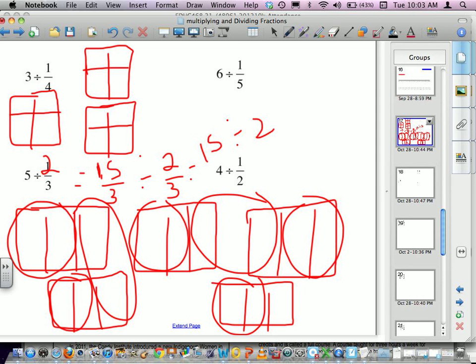Where did I divide by 2? When I took my 15 and broke it into groups of 2. So when I write this expression, 5 divided by 2/3, as 5 times 3/2, what I'm saying is multiply by 3 and then divide by 2.